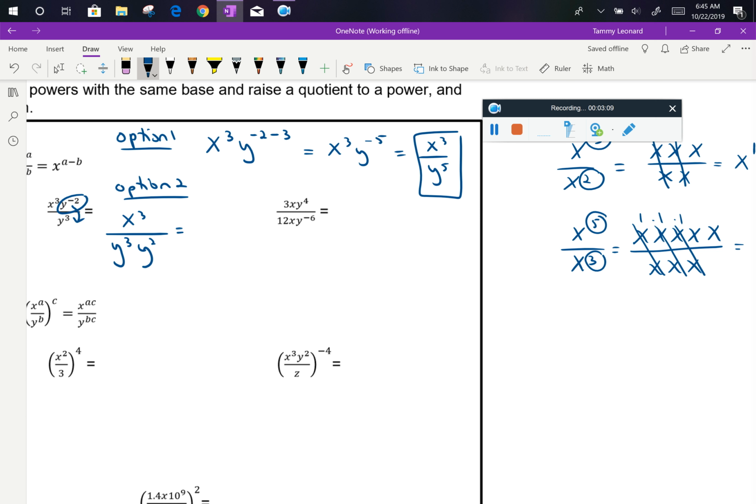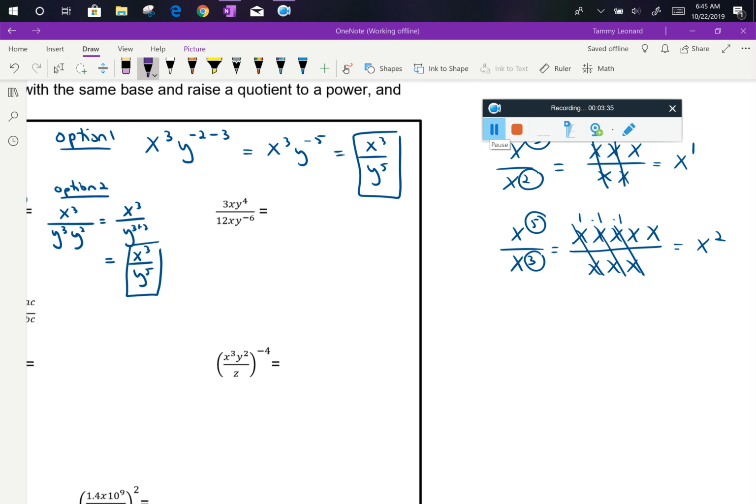Notice this actually takes us away from using the division property and instead brings us back to the multiplication property. Our numerator is still x cubed, but our denominator is now y cubed times y to the 2nd, or y to the 3 plus 2. Simplifying, we get x cubed divided by y to the 5th, which is the very same answer that we got doing the problem the other way.